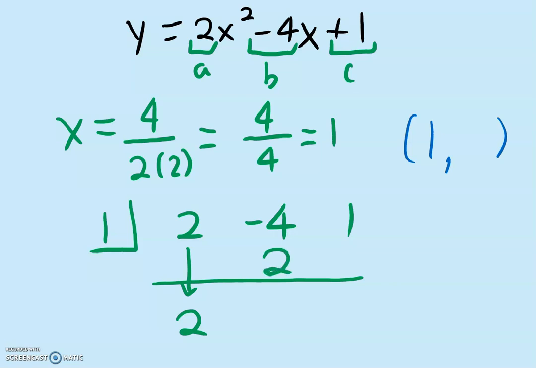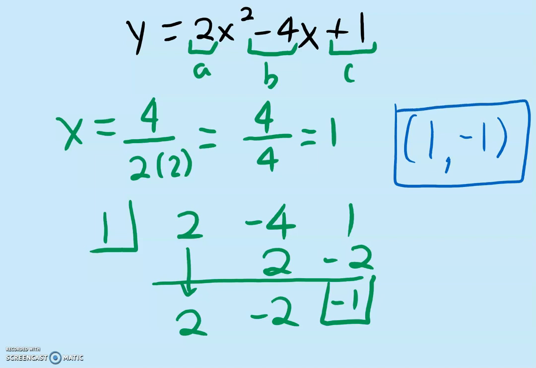And now we add. -4 plus 2 is -2. And then we multiply again. 1 multiplied with -2 is -2. And then we add. 1 plus -2, which is the same thing as 1 minus 2, will give you -1. And so the y-coordinate is going to be -1. And so this is our vertex.